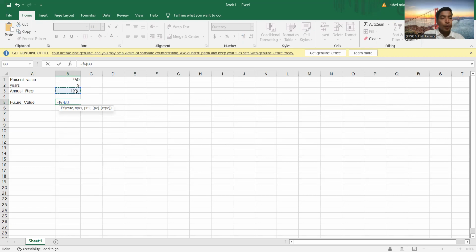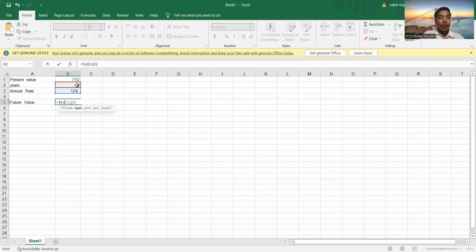Then I have to give a comma, then I have given a comma. Then here you can see nper, that means number of years. We know that we have to give number of years. You can see here that is number of years. If we just click on it, then it will take it automatically. I have clicked on it, then it is number of years, B2.